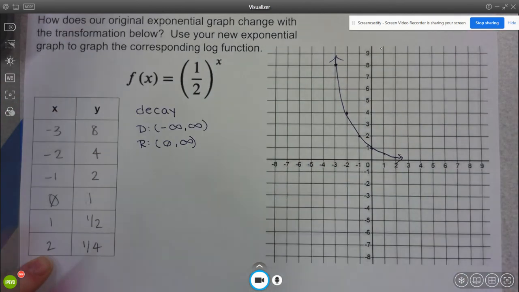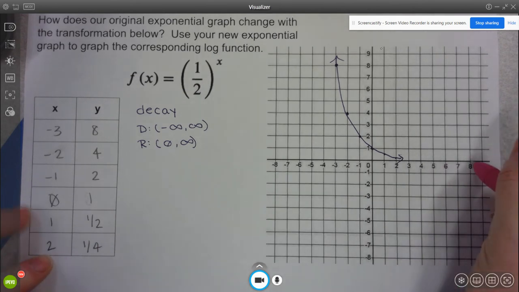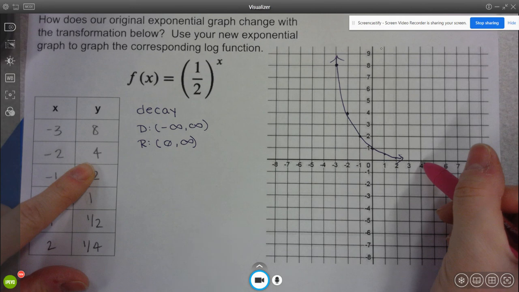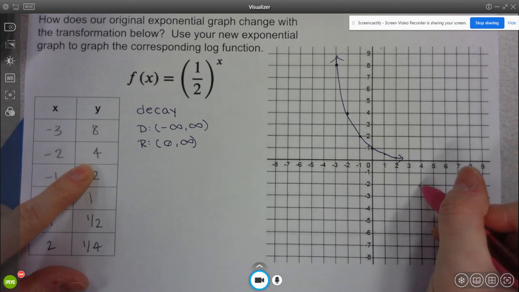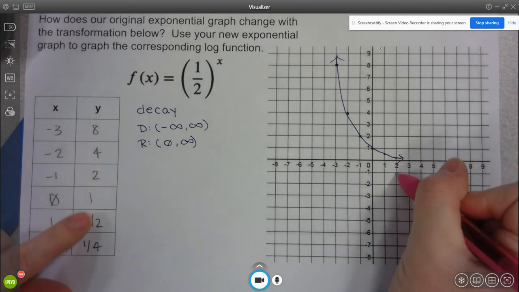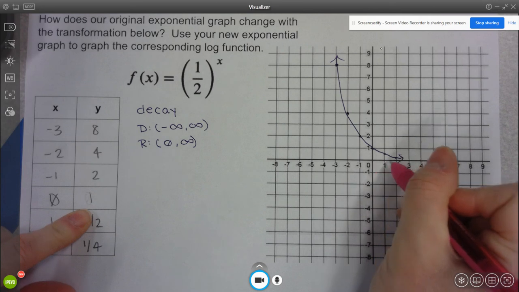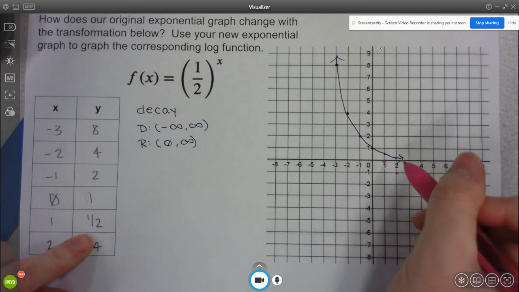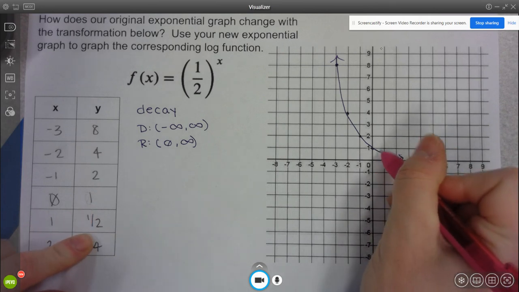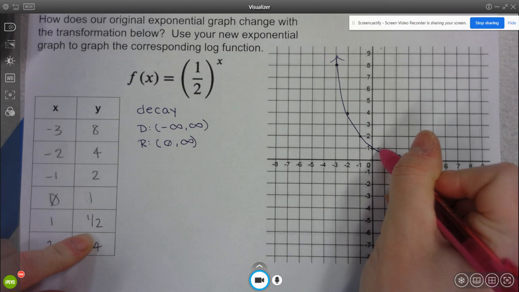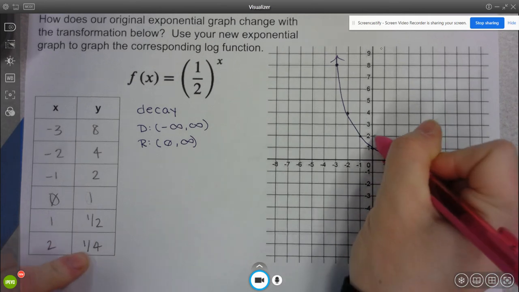And now I'm going to flip these. So I'm at 8, -3, 4, -2, 2, -1, 1, 0, a half, 1, a fourth, 2.